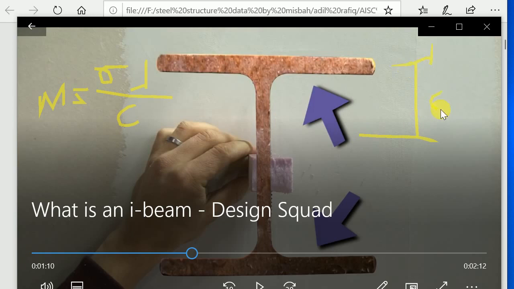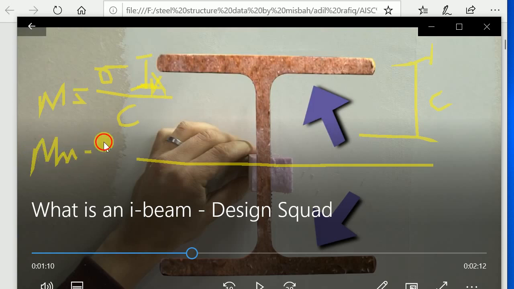But the very important relationship from this equation is that moment is directly proportional to moment of inertia. Now the flexure capacity, the moment, is Mn, the nominal moment capacity. It is directly proportional to Ix, the moment of inertia. Now we need to increase the moment of inertia.